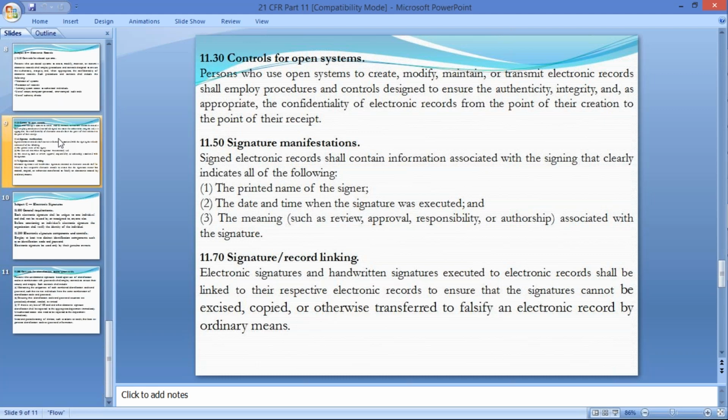The signature manifestation. Signed electronic records shall contain the information associated with the signing. Whenever the electronic record is signed, we should have information about the signer: the name of the signer, the date and time when the signature was executed, and the meaning associated with the signature.